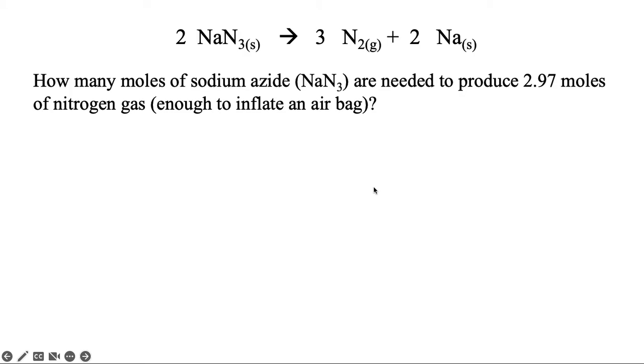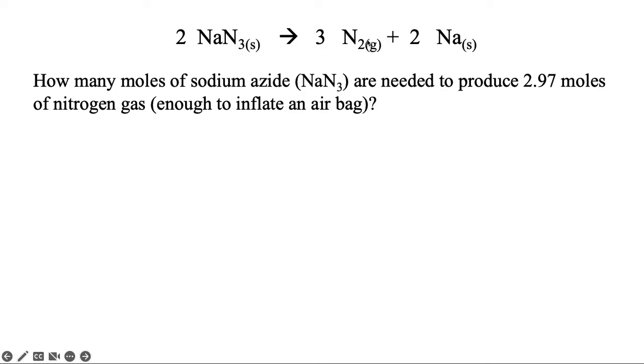Now you can imagine that if I have too much sodium azide, I will produce more nitrogen gas, and that will cause that airbag to burst, and it's going to defeat the purpose. I will not get much protection in an accident if the airbag bursts open instead of inflating and deflating like it's supposed to.